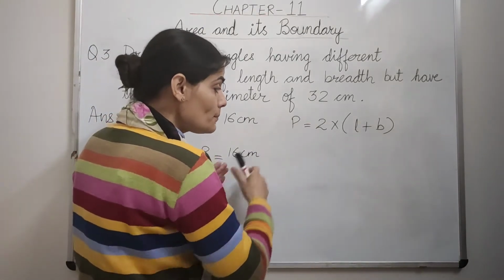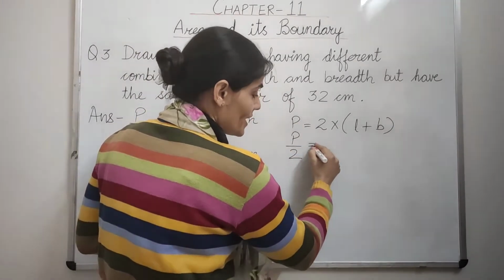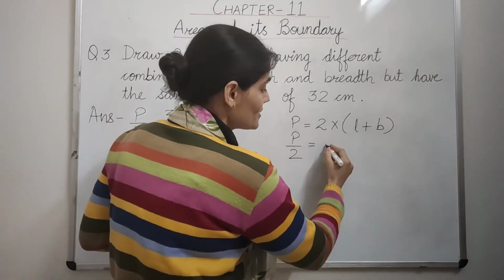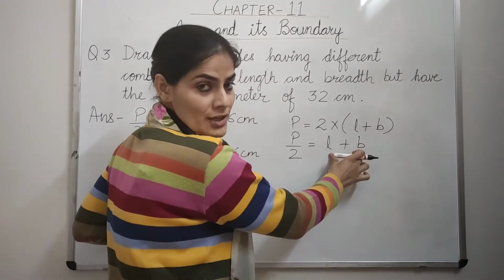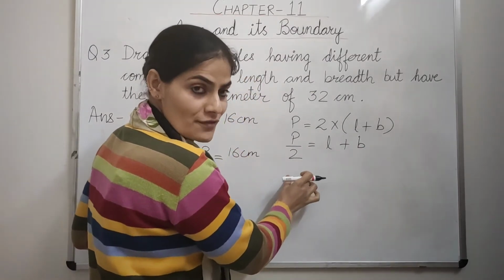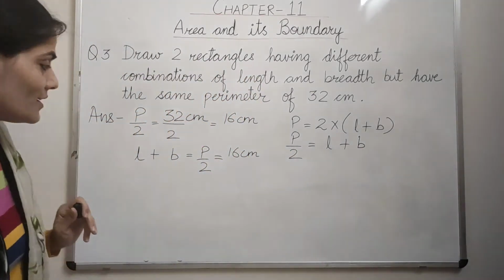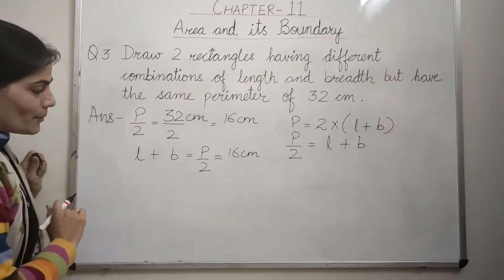I will simply find half of the perimeter so that I look for two such numbers whose sum will be equal to half of the perimeter. So, let's find such combinations of two numbers.